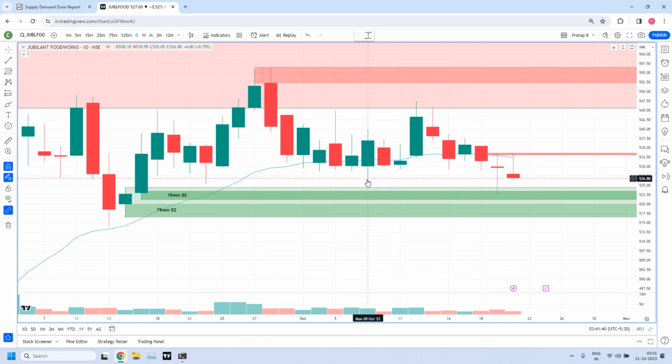This is the second candle, it failed to reach this high liquidity demand zone. Now yesterday, it was successful in reaching this demand zone. What is the reason behind failing to reach this high liquidity demand zone? This is one point you should understand.